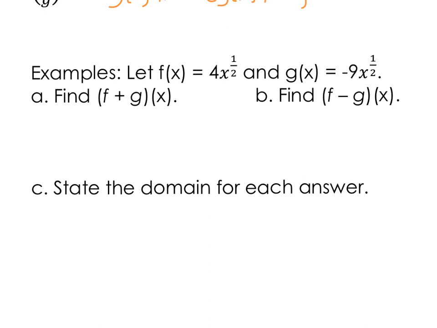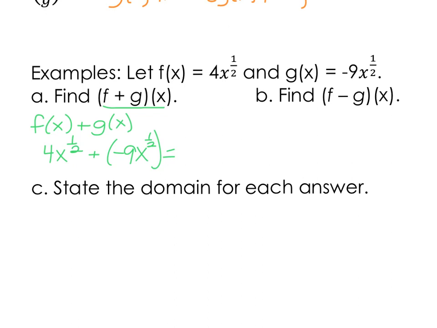If f of x equals 4x to the 1/2 and g of x equals negative 9x to the 1/2, the first thing you're asked to do is find f plus g of x. Now remember, this simply means f of x plus g of x. We can add and subtract terms that have variables with matching exponents, and that's what we have here.